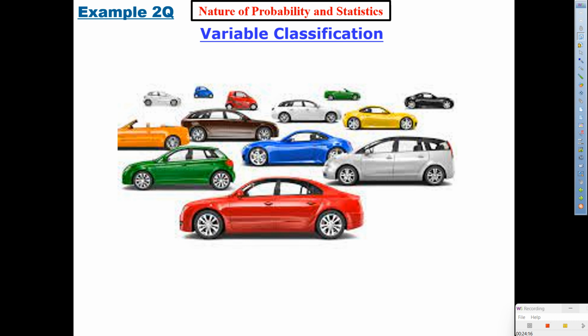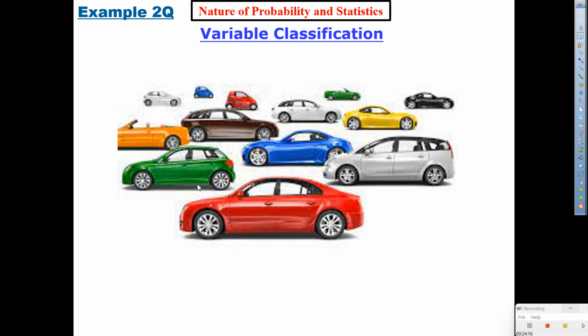Ten, nine, 8, 7, 6, 5, 4, 3, 2, 1. All right. I have a lot of you that are saying nominal, nominal, nominal, because there's no order.